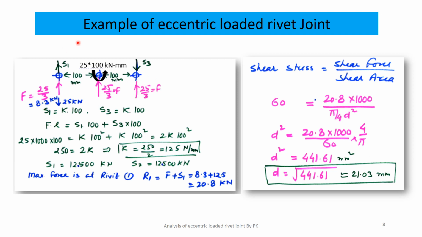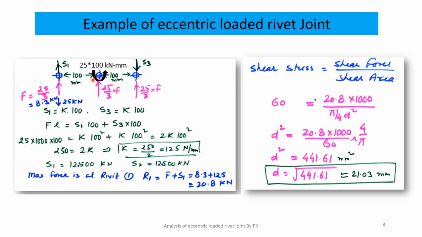Now we have to find the secondary shear force. So we have to identify the CG. The CG is at the second rivet here, and the distance of this 25 kN force from this CG is 100 mm basically. So this 25 kN force will form an anticlockwise couple about the center of gravity, whose value is equal to 25 into 100 kN mm.